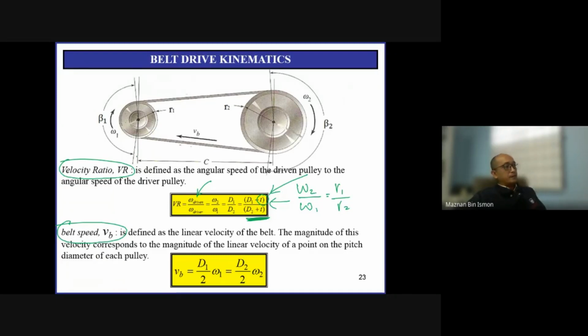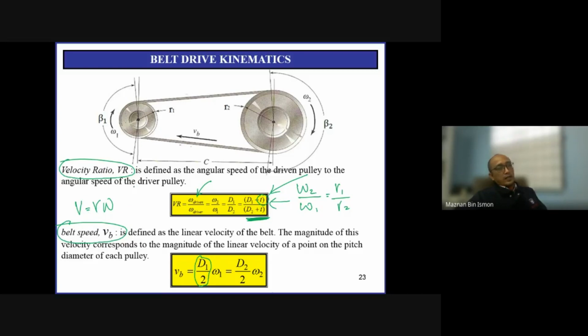Belt speed. The belt speed formula is basic. V equals R omega, because this one is the radius. V1 is equal to R1 omega 1, V2 is equal to R2 omega 2, and so on.